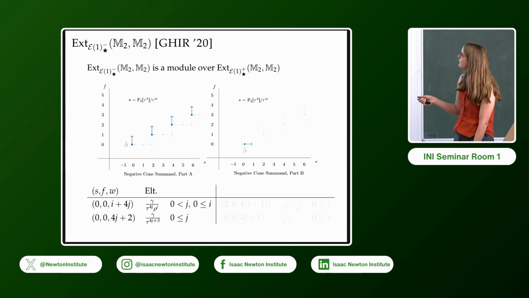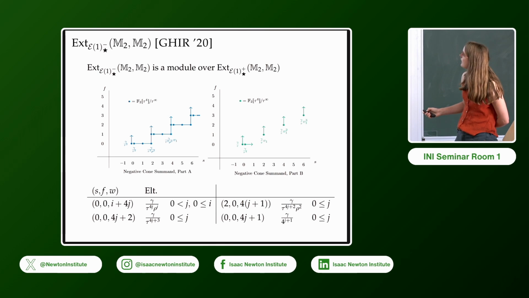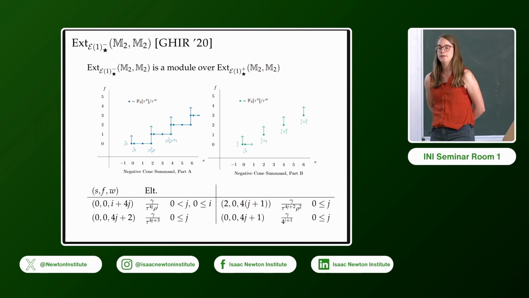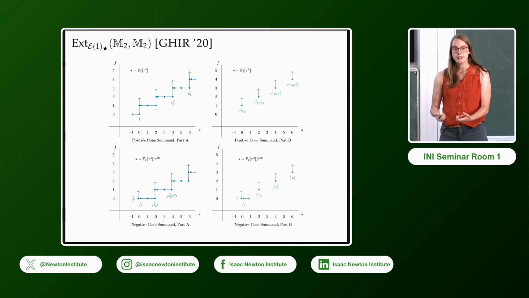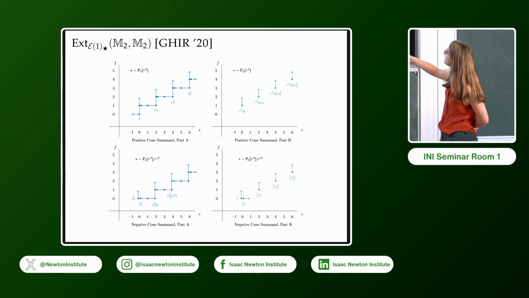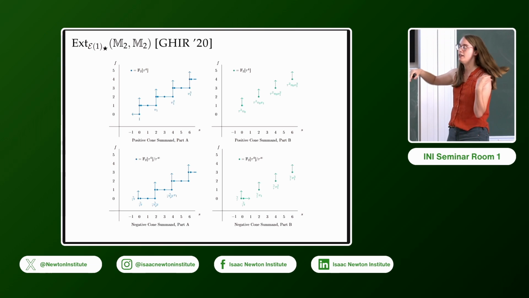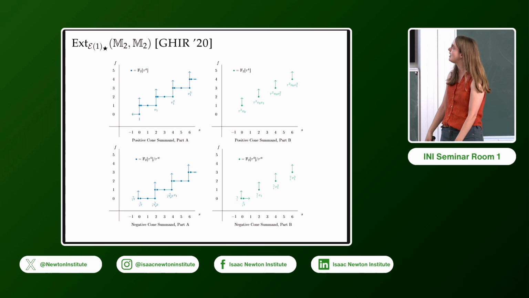We have v0 towers here. We have some multiplications by rho. And then we also have some additional v0 towers. So as a whole, putting together both the positive cone summand, which will appear in the top half, and the negative cone summand, which will appear in the bottom half, we get a full chart that looks like this.